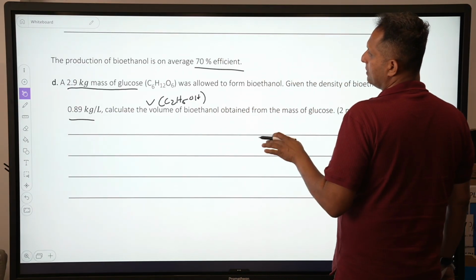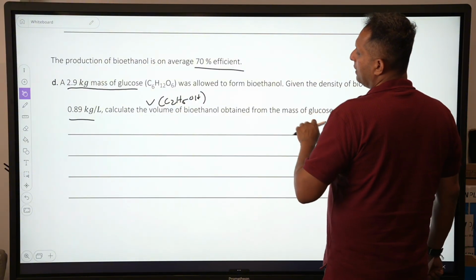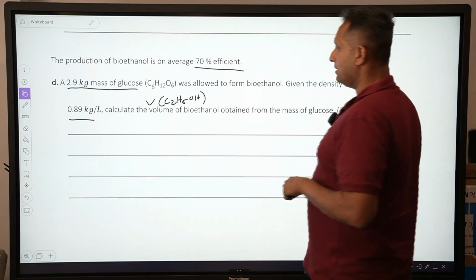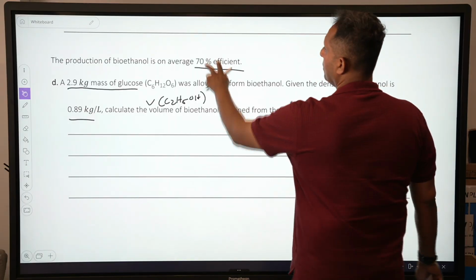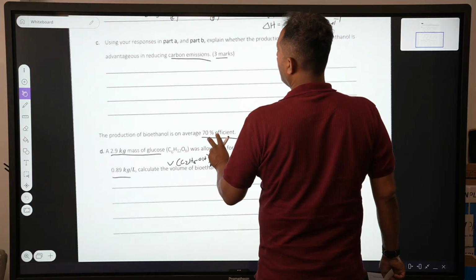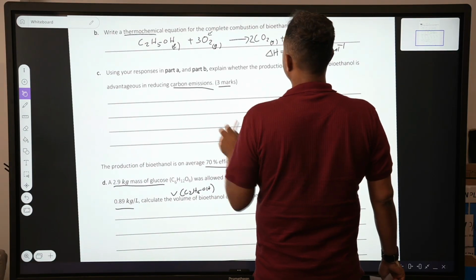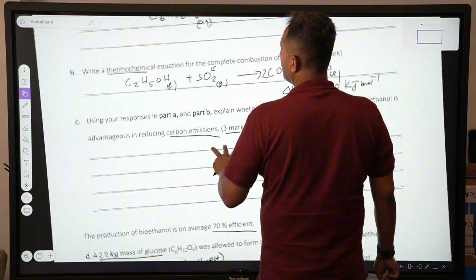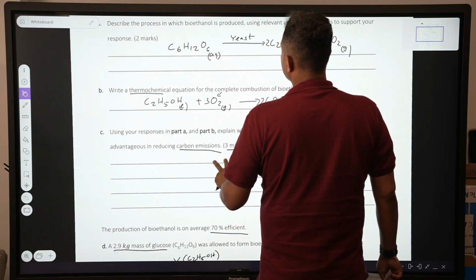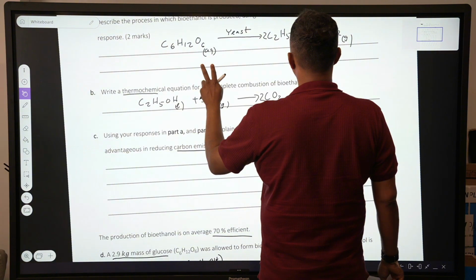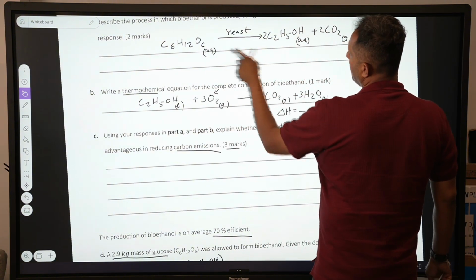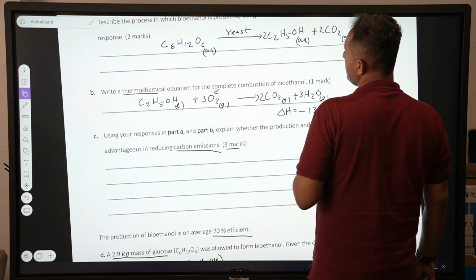So this is based on the previous balanced chemical equation on fermentation. If you can find the number of moles of glucose, then you can find the number of moles of ethanol by multiplying it by 2.